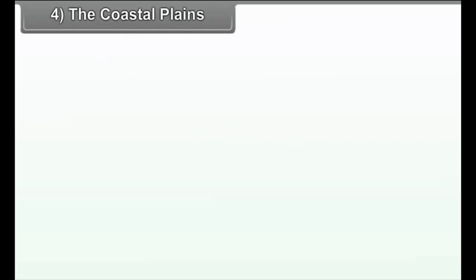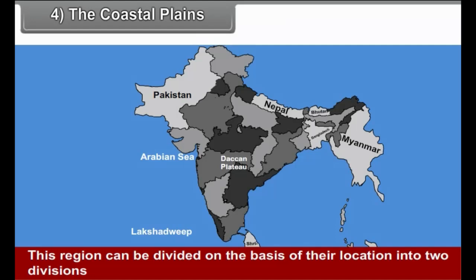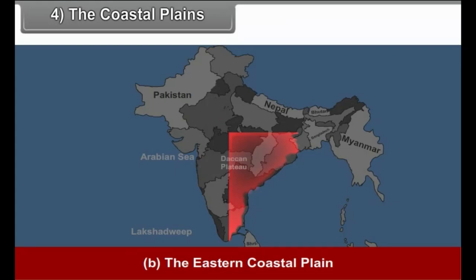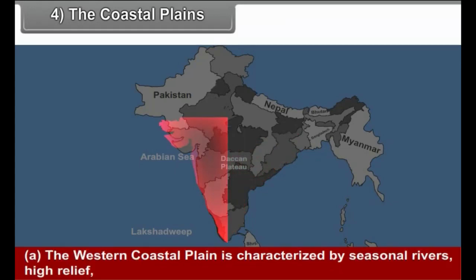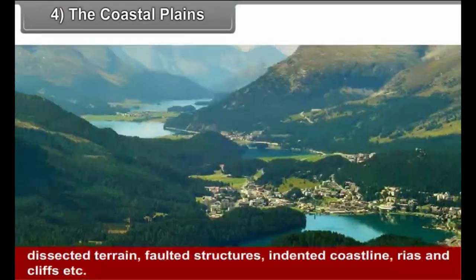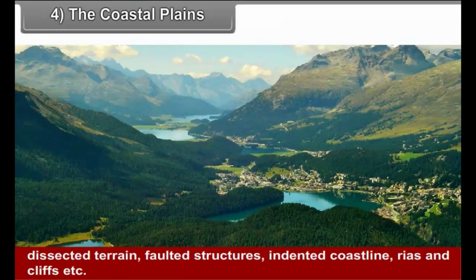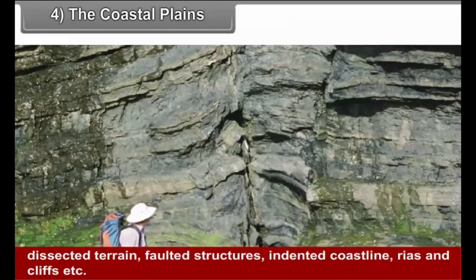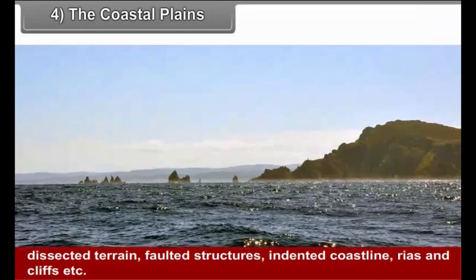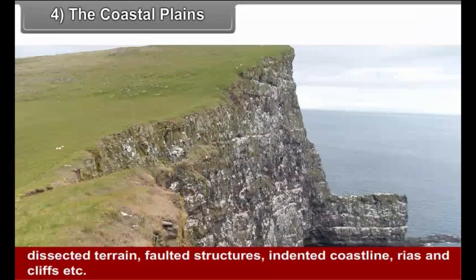4. The Coastal Plains. This region can be divided on the basis of location into two divisions: the western coastal plain and the eastern coastal plain. The western coastal plain is characterized by seasonal rivers, high relief, dissected terrain, faulted structures, indented coastline, rias, and cliffs.